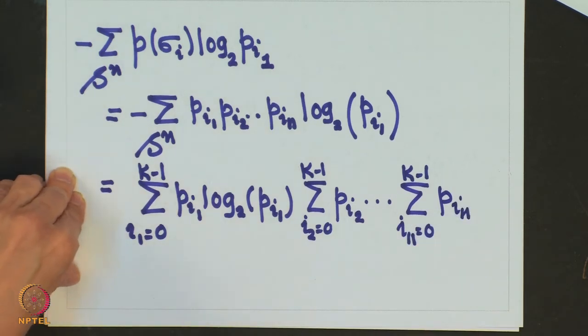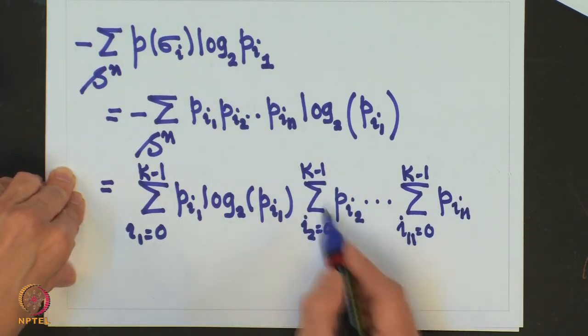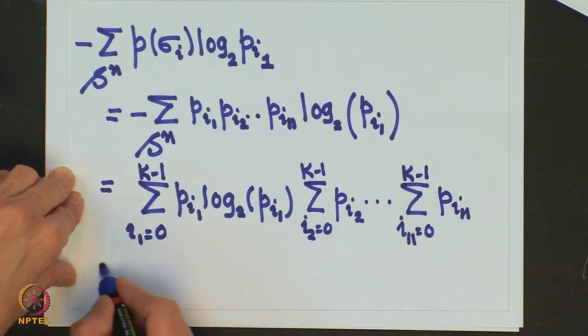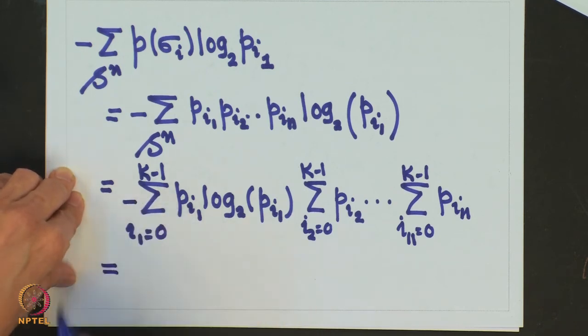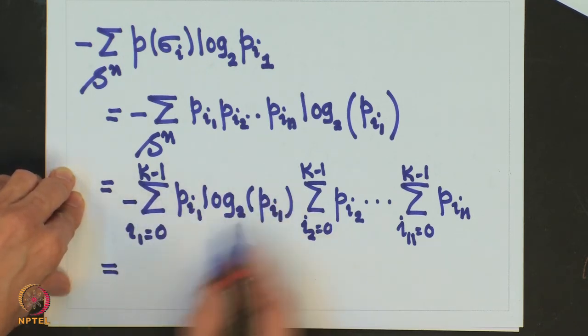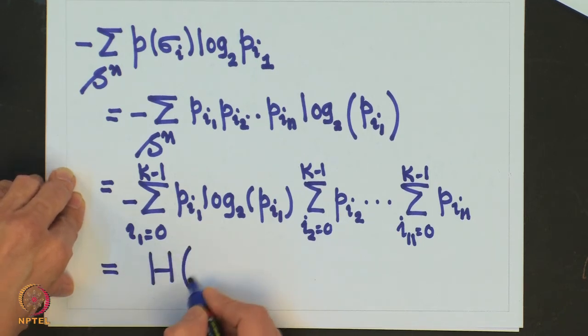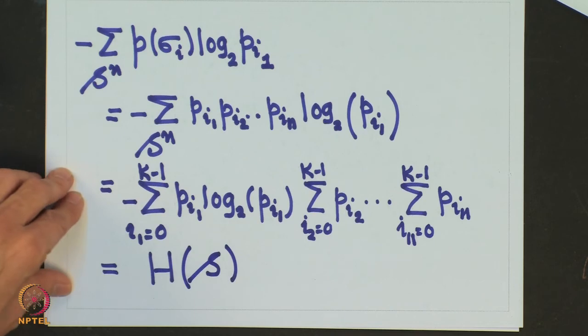okay, fine. Now you see basically all these summations are 1. And this term out here, sorry, there is a minus sign out here. So, this term is your entropy of the source.